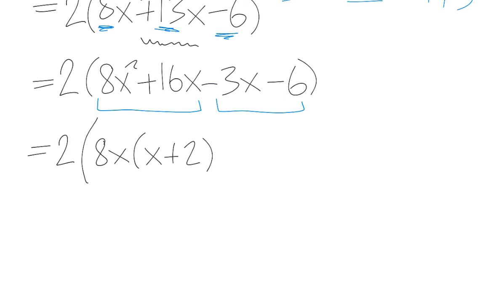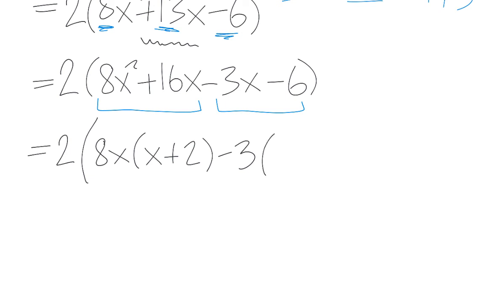We're going to repeat the process for the grouping of terms on the right. So I want you to find the greatest common factor of 3 and 6, and that is going to be 3. However, I actually want to factor out a negative 3, and you'll see why in a second. Are there any variables that are common between these two terms? The answer is no. So let's just divide everything by negative 3.